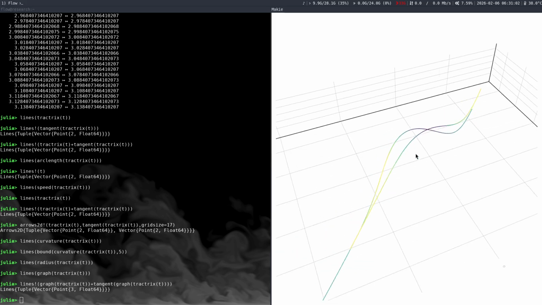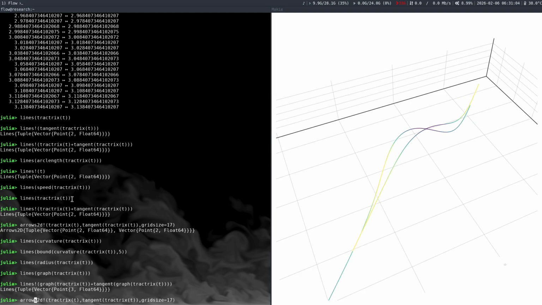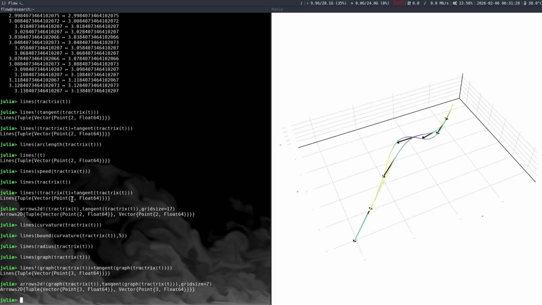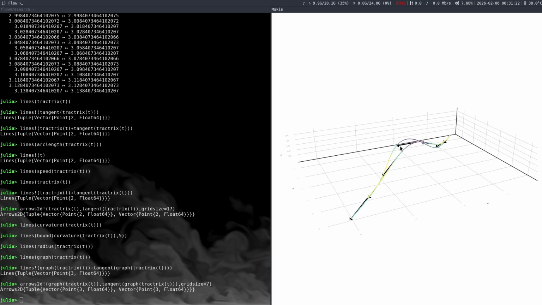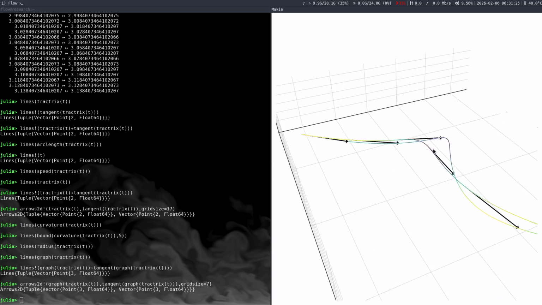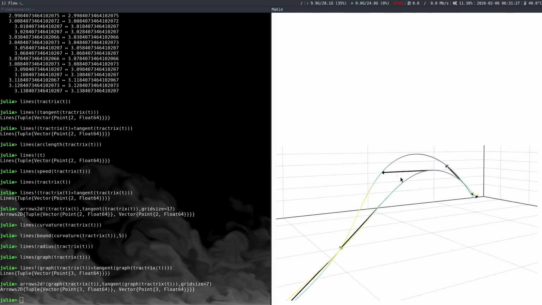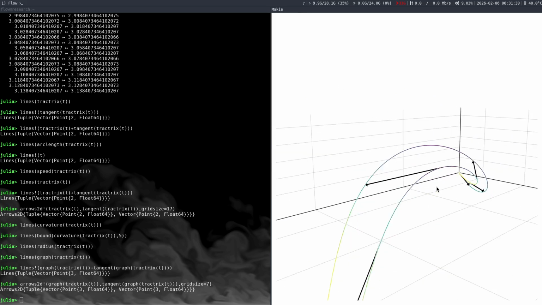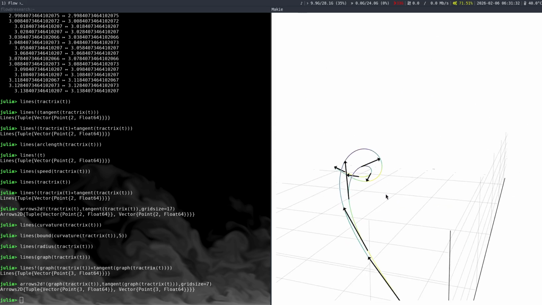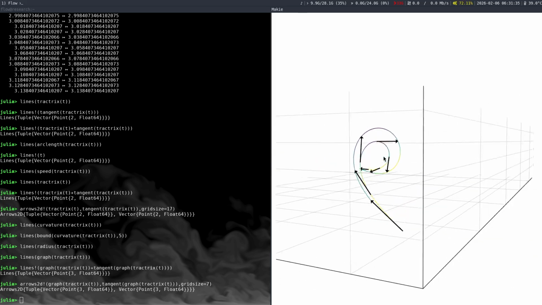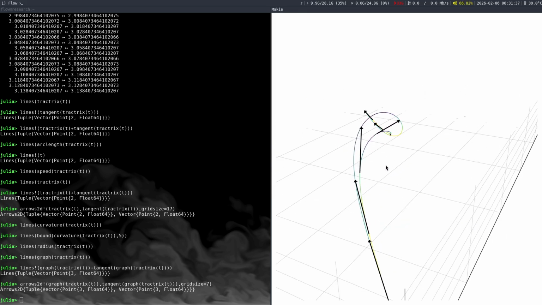And we'll add the arrows. So this is just another way of seeing how these tangent vectors can be visualized on a curve like this.